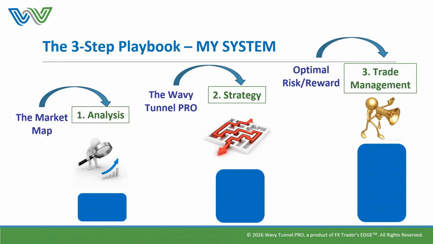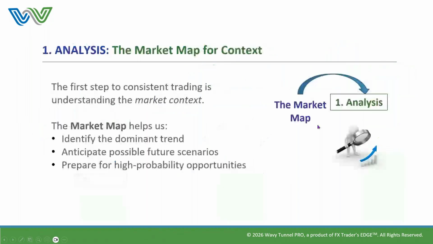Second, we apply the Wavy Tunnel Pro setups, and that's the strategy. So whatever strategy you use, that would fit in here. And third, we manage the trade for optimal risk reward, and we use trade management. So let me quickly connect the dots between Elliott wave, Fibonacci, and how we actually trade this structure.